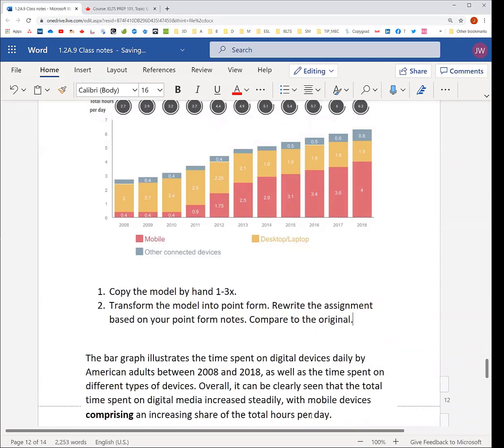Second step is transform the model into point form. Then you rewrite the assignment based on your point form notes and compare to the original.